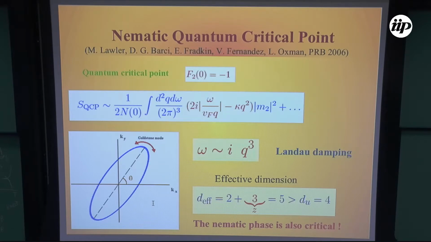So it's not really a quantum critical point. It's a quantum line, because the nematic phase itself is critical. So this is not the usual quantum critical point with an ordered phase and a disordered phase. You have a point that is separating a disordered phase and a critical line, a critical line in the coupling constant in this F.